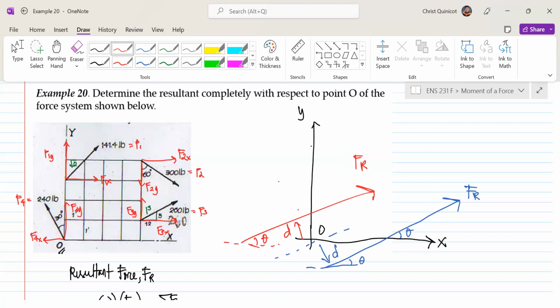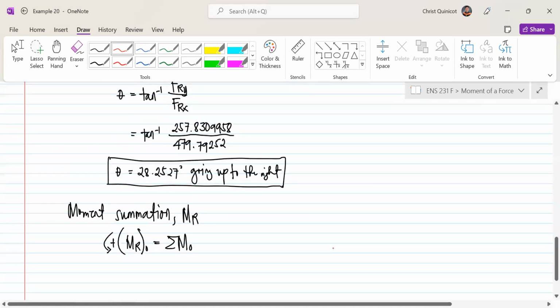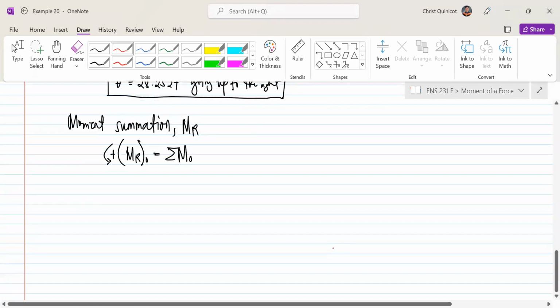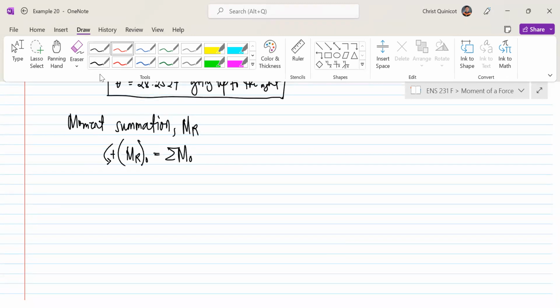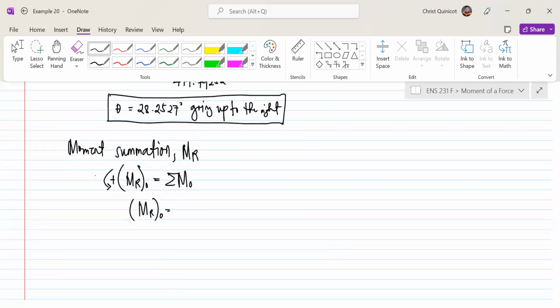So what we can do is first do moment summation without considering our F sub R. So that means we take moment about M sub R, which is equal to the sum of all moments, again assuming counterclockwise positive.